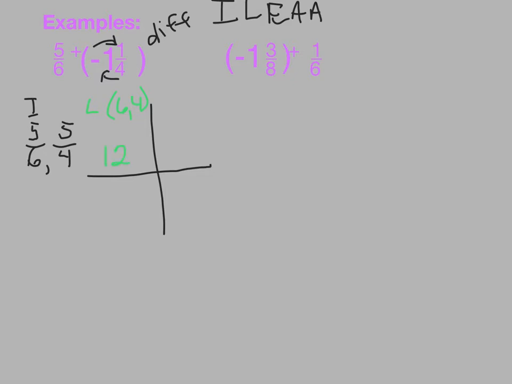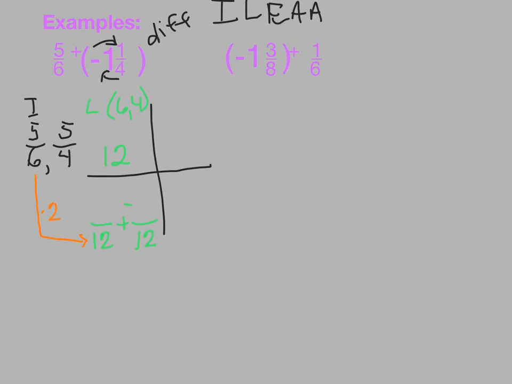I'm going to go down to E. E is equivalent fractions. So I know I've got some number over 12 plus some other number over 12. I know that my second number is negative. So I say to myself, how do I get from 6 to 12? Well, 6 times 2 is 12.